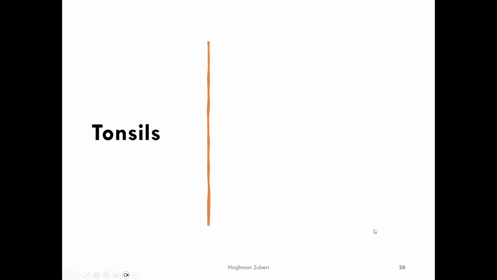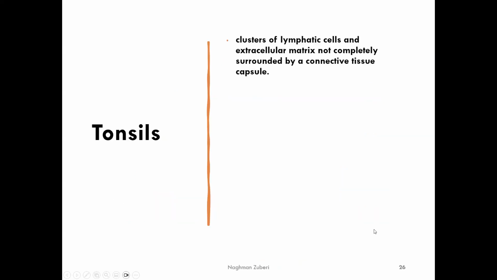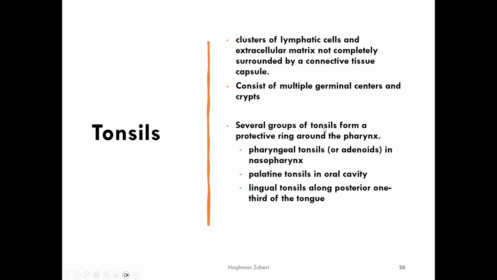Then comes tonsils. Clusters of lymphatic cells and extracellular matrix not completely surrounded by a connective tissue capsule. They consist of multiple germinal centers and crypts. Several groups of tonsils form a protective ring around the pharynx: pharyngeal tonsils or adenoids in the nasopharynx, palatine tonsils in the oral cavity, and lingual tonsils along the posterior one third of the tongue.